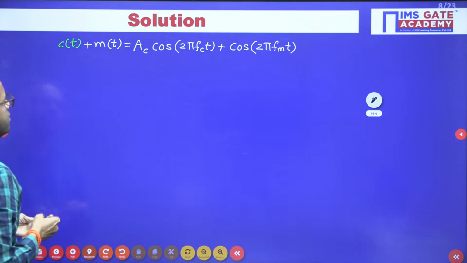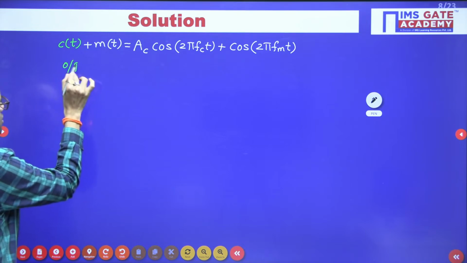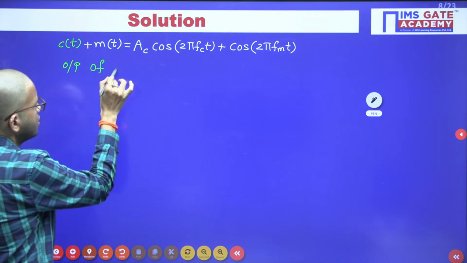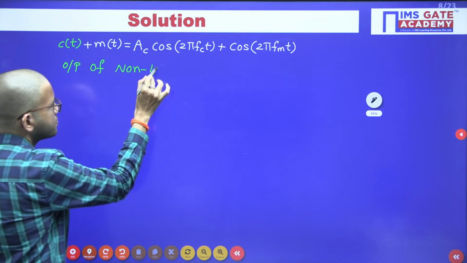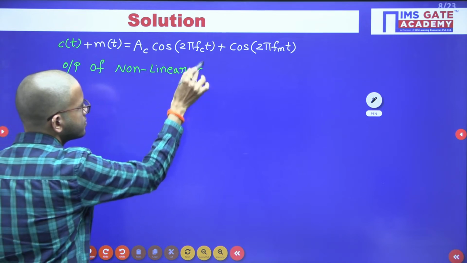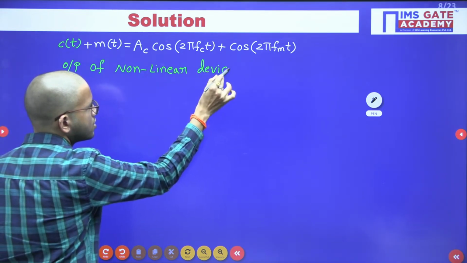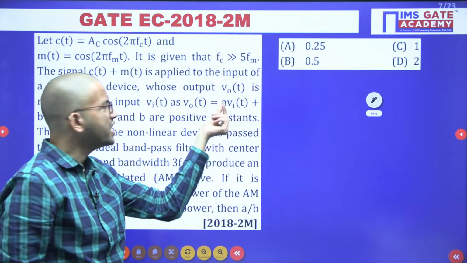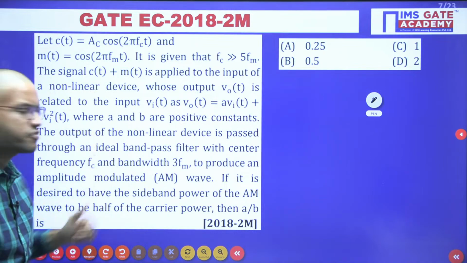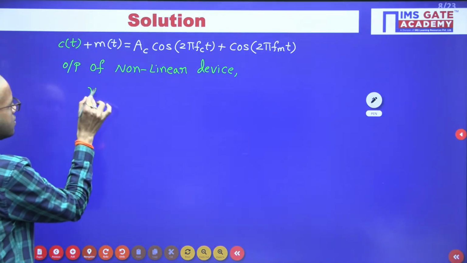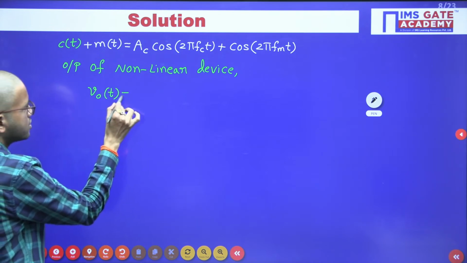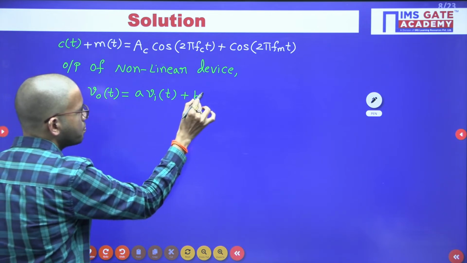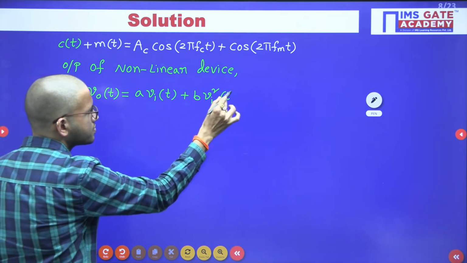Now they have given the relation between input and output of the nonlinear device. For the output of the nonlinear device, they mentioned v0(t) = a·vi(t) + b·vi²(t).